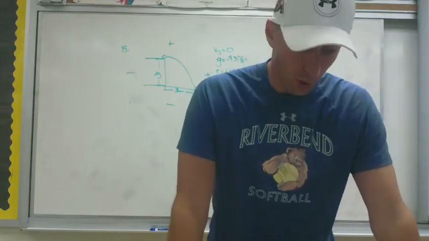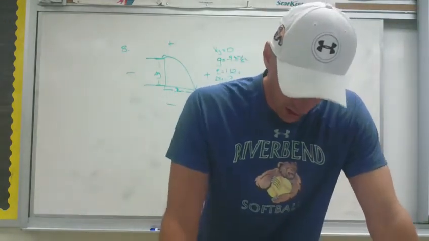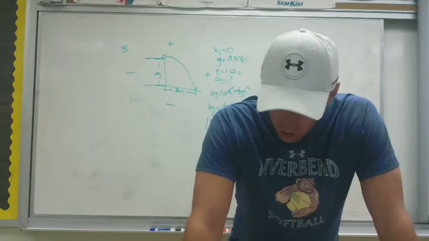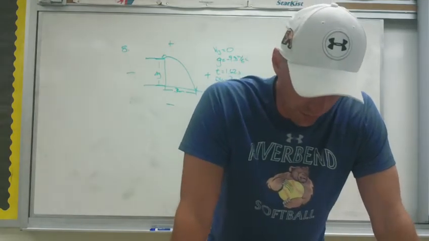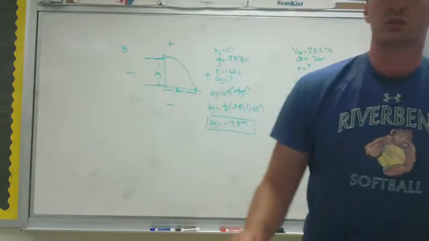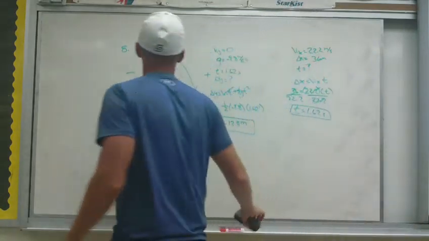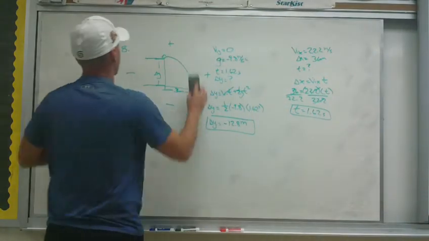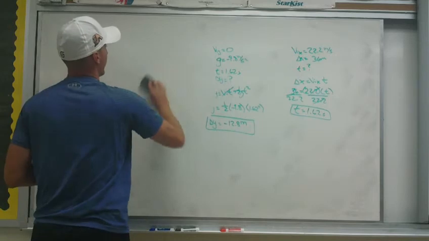9. A ball is thrown horizontally from the roof of a building 9 meters tall and lands 9.5 meters from the base. What's the ball's initial speed? So let's go ahead and draw that again, so you can see the path.